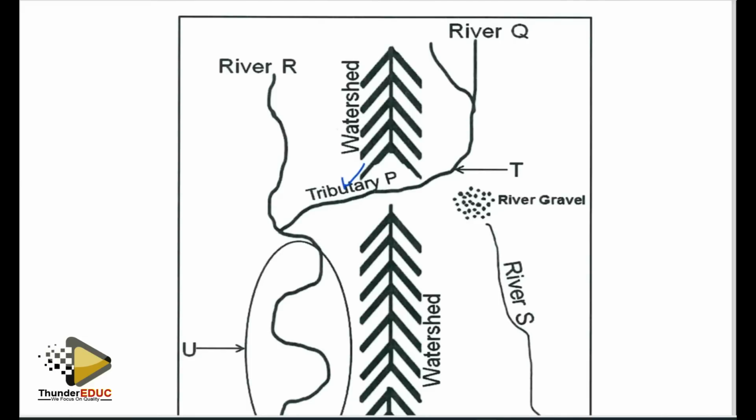Captor is the one that intercepts the water. Then this one is the captured. And where the stream piracy took place, this particular point here, the bend around here, this is what we call the elbow of capture. Then this river here, which continues after river capture, is what we call the beheaded stream.